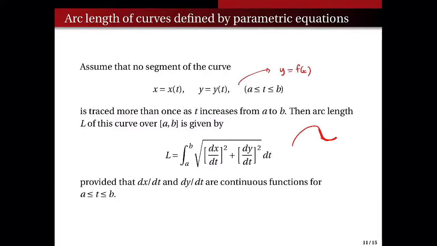If that happens, you should treat it separately, meaning you first get the interval for t until this part, and then you get the interval for t from this point up to this point, if some parts of the curve are traced more than once. So we assume that our curve is traced at most once.